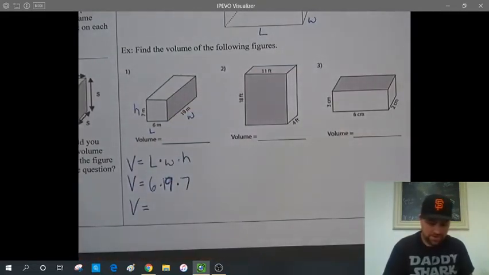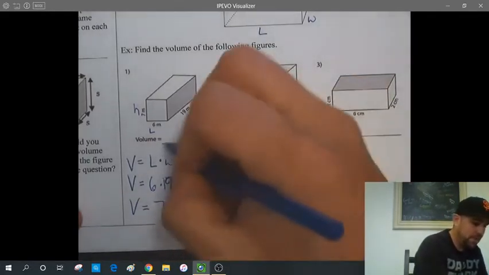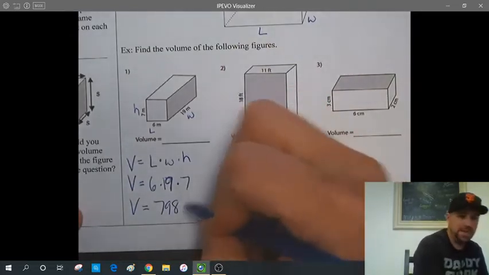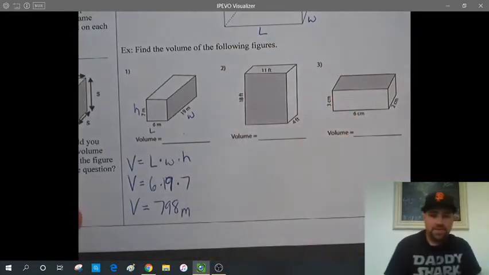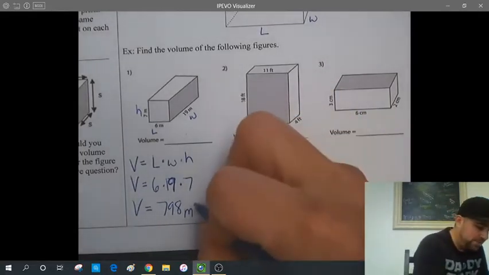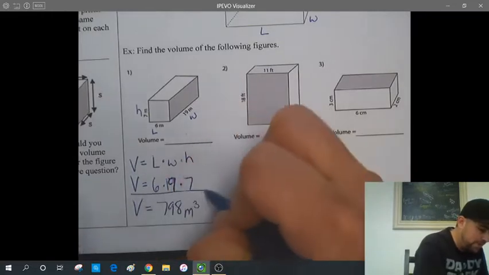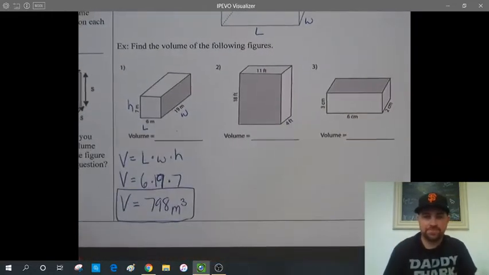So 6 times 19 times 7 gives us 798. So my volume here, I can write my answer down below here or put it up on the line either way. 798 is the number. Meters was the measurement, but remember, this is volume, so now what we're going to have to do is put cubed on that, or raise it to the third power.